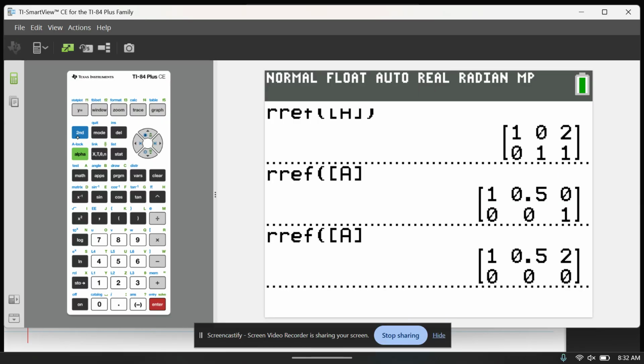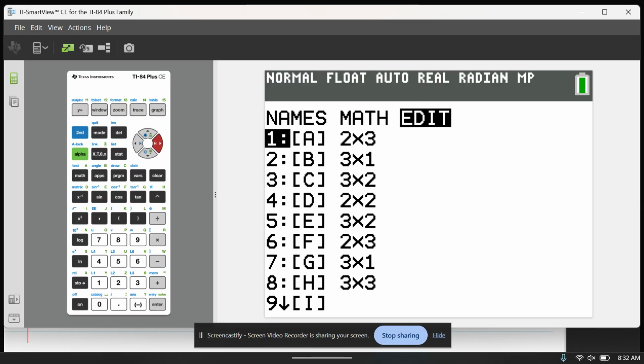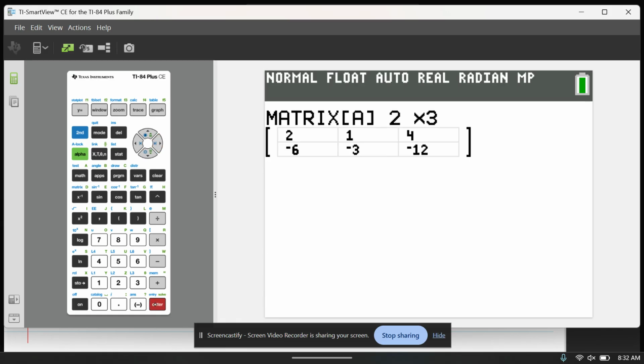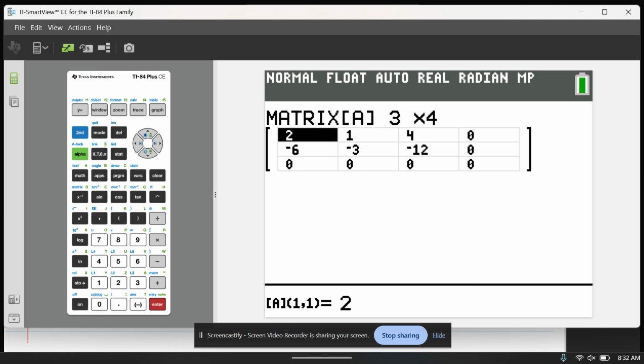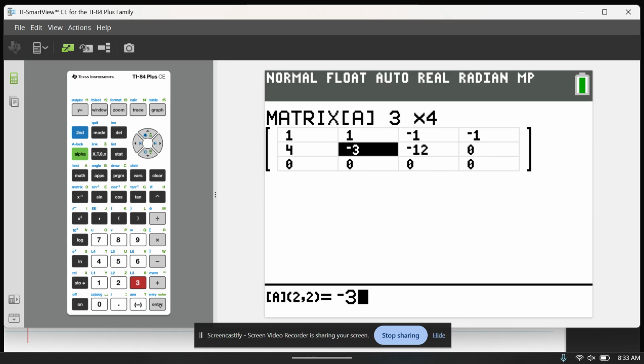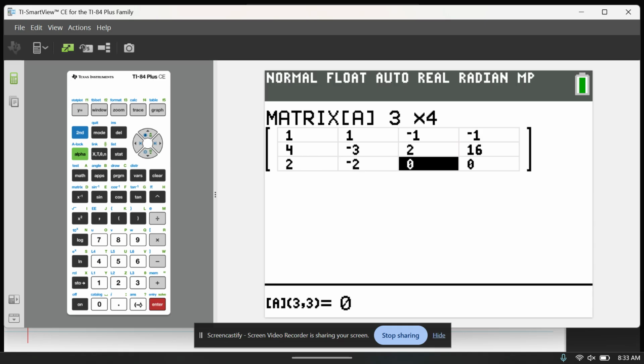We're going to second matrix, go over to edit. I'm just going to use matrix A again because I'm boring like that, and change it to a 3x4. And then we're entering 1, 1, negative 1, negative 1, 4, negative 3, 2, 16, 2, negative 2, negative 3, 5.